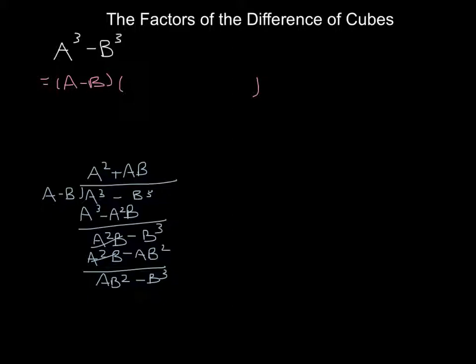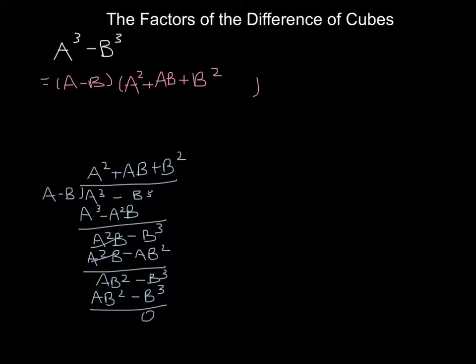And that means that I'm going to put b squared here, as b squared times a gives us ab squared, and then minus b cubed, which is in fact 0. So there we have proof that it is a factor, and the second factor here is a squared plus ab plus b squared. So here are my two factors.